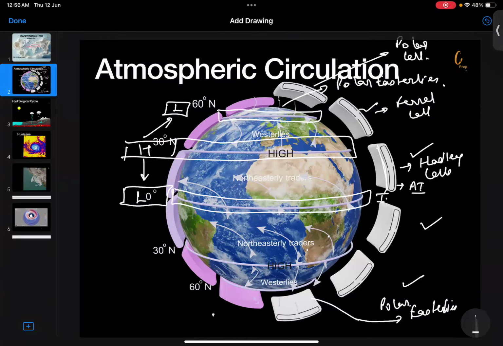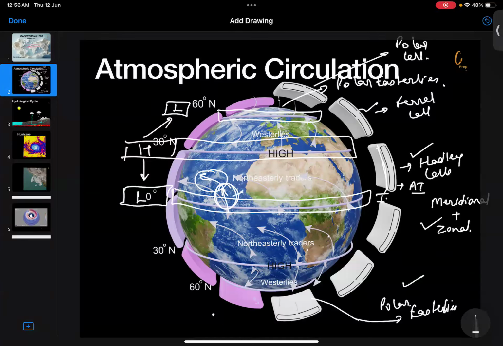So here we'll see that there is a component of meridional plus zonal circulation. When the winds move towards the upper part here, we are looking at the movement of the zonal part, but as they turn here, there is the meridional component.